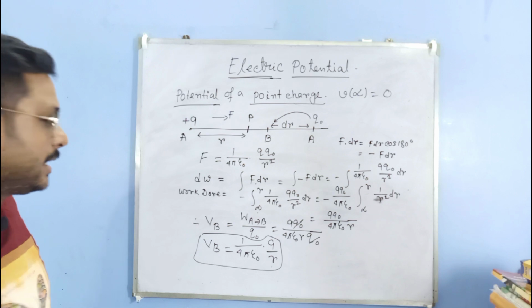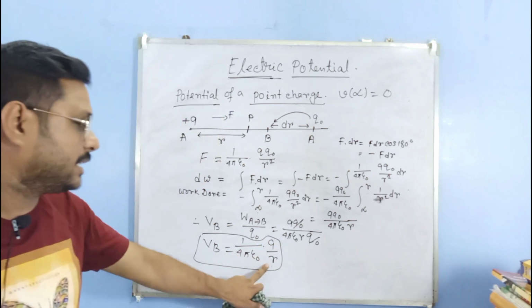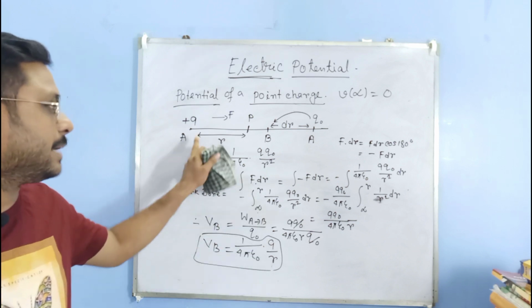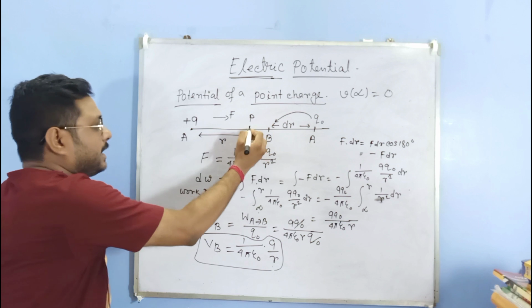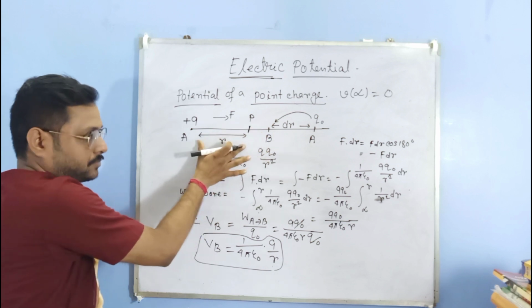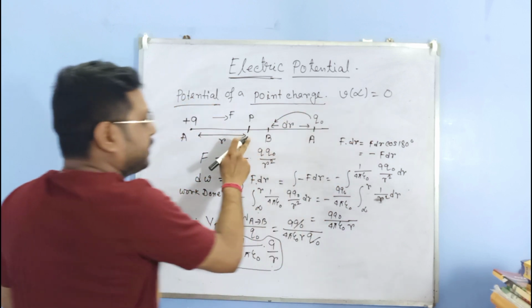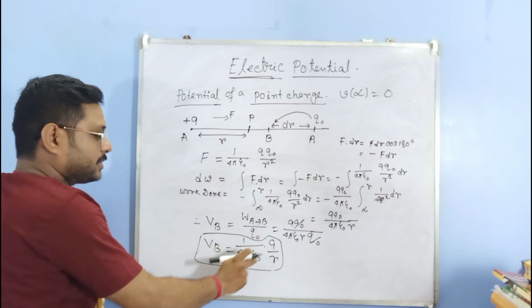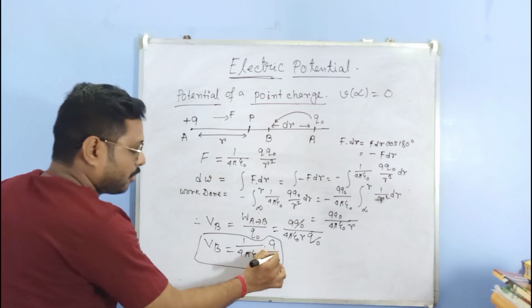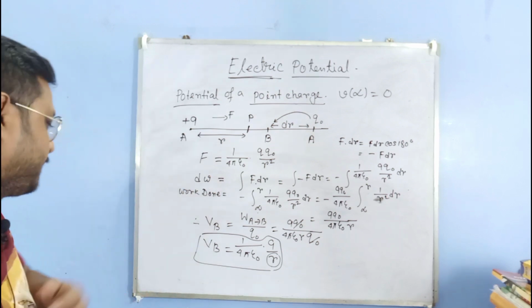From this equation we know that potential depends only on the separation between the points, as the separation between point A and P is R. If we take a unit positive charge from infinity to P, then we get the value 1 by 4 pi epsilon 0 Q by R. So it depends only on R, that is, it is spherically symmetric.